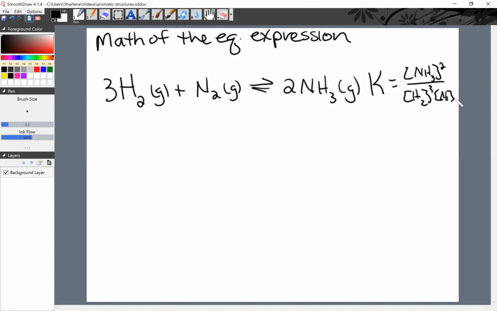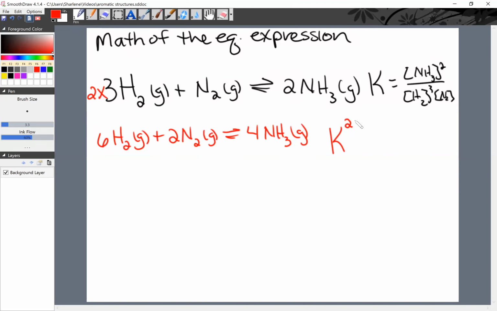Now, what do I want to do to it? I'm going to multiply it through by 2. Okay. So my new number is 6 hydrogens, 2 nitrogens is going to make 4 ammonias. What is that going to do to my equilibrium expression?